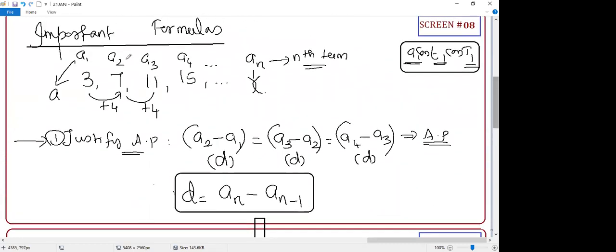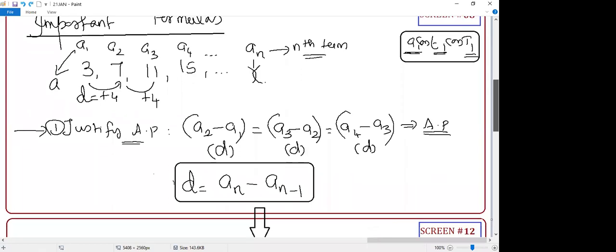Okay, guys, what is A2? How do you obtain it? You are adding 3 plus 4. Then how do you obtain A3, or 11? You are adding 7 plus 4. Guys, these are all the common difference, and the letter they use is D. So how do you obtain your A2? Second term is obtained by A plus D. Yes or no?